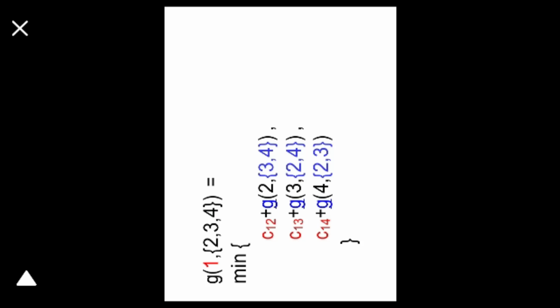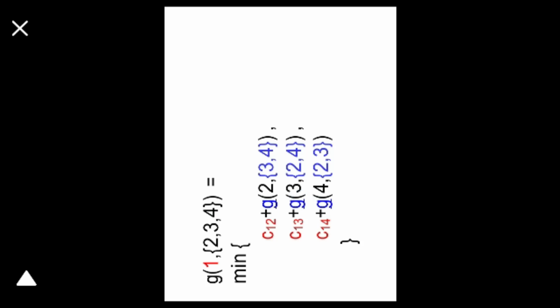It can be in any order, so either I can reach 2 from 1, or I can reach 3, or from 1 I can reach 4. So 2 3 4 should be in flower braces. Whichever city you are starting from, that you have to write in parentheses. Similarly here, C12 plus, now we are at 2, so we have to use parentheses. 2 is the first, then either 3 or 4, so flower braces.